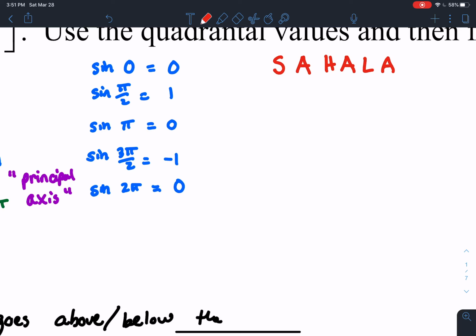Now, what does this stand for? The S represents sine, okay? The A represents the axis. H is the high point. A, again, is the axis. L is the low point. And then A, again, is the axis, okay? So if you follow that pattern, that will give you all of the points that you need.